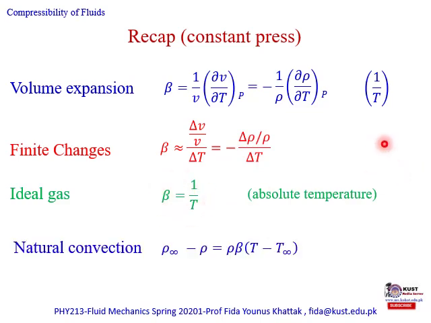Of course, all these are at constant pressure. And for natural convection, we have rho infinity minus rho is equal to rho beta into T minus T infinity.